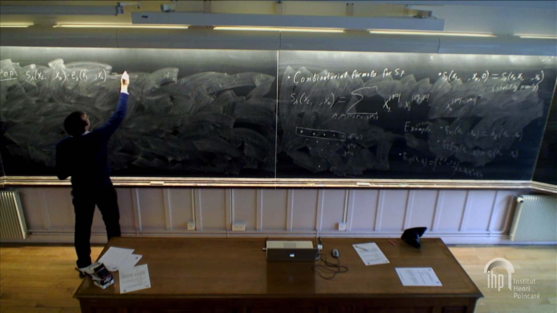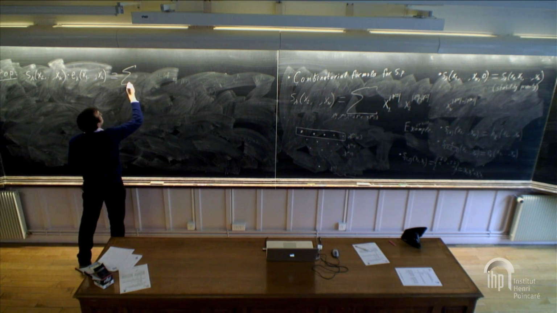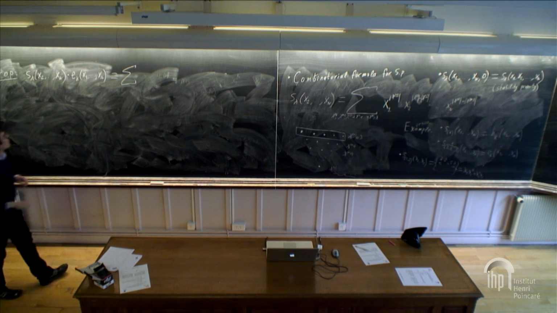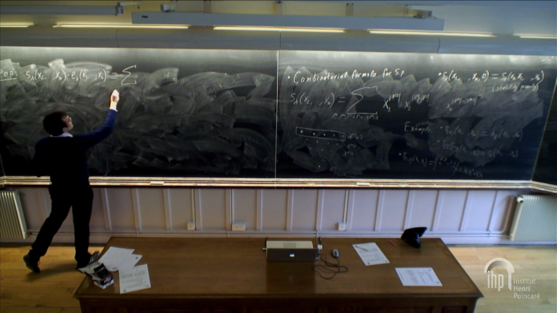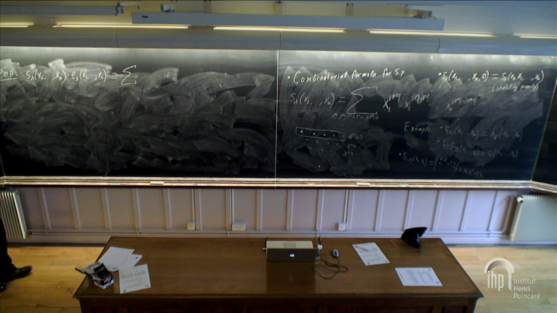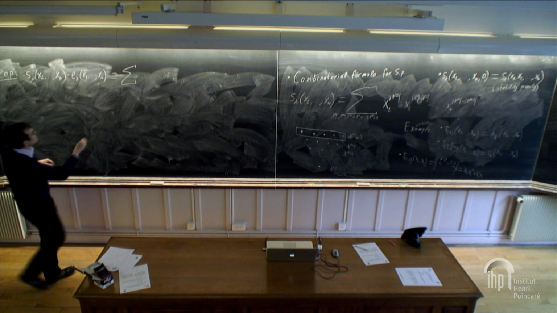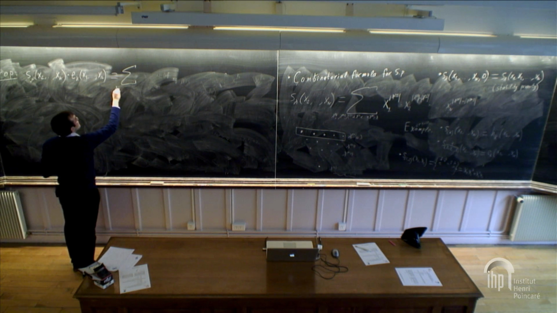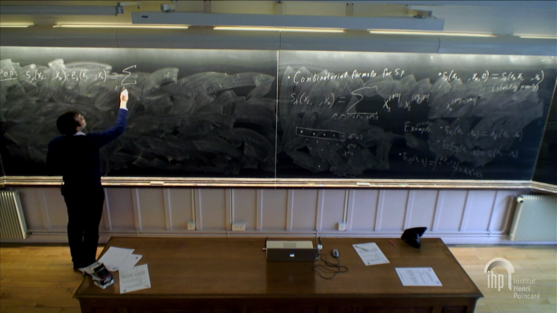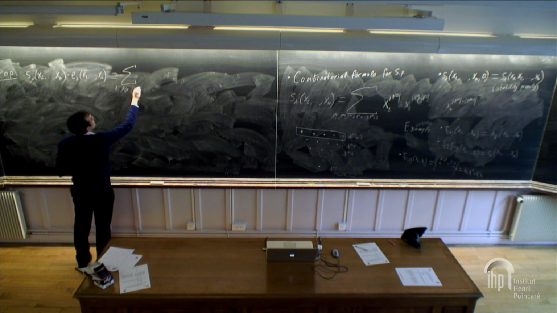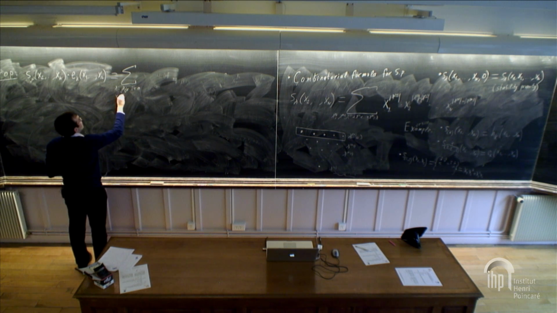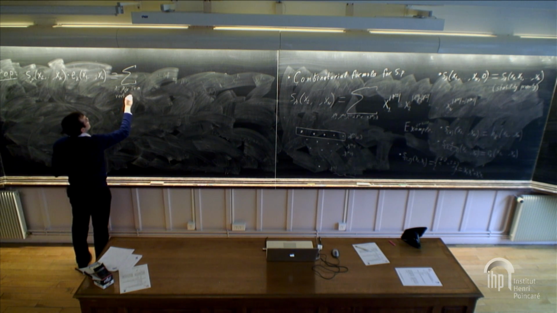is the sum over all, let me write it in order to be consistent, let me write the Schur function as mu. And here I will sum over all lambda such that lambda minus mu is a vertical strip.